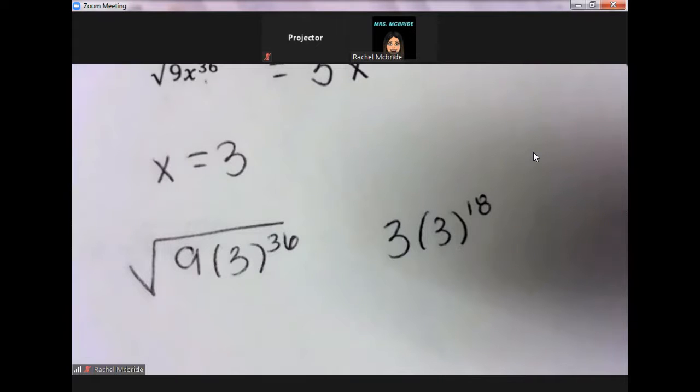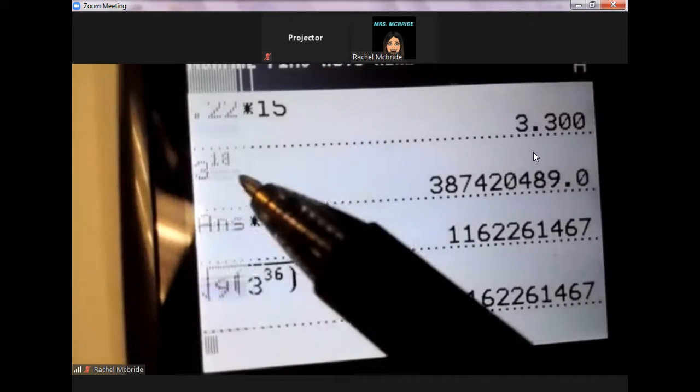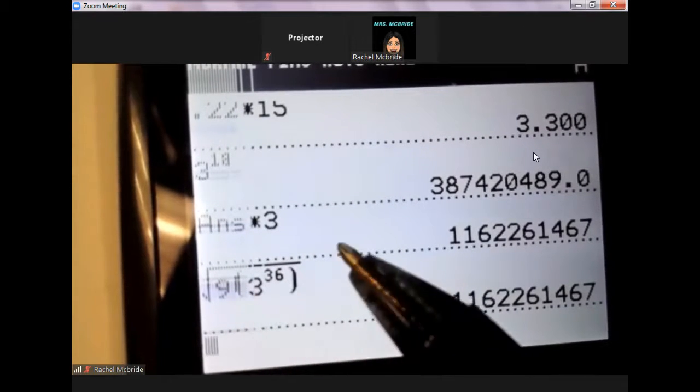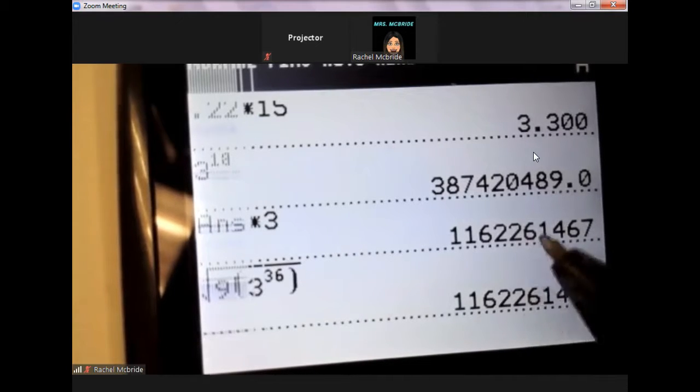It's 1,162,261,467. And again, you could type that in and do 9 times 3 to the 36th power, and you should get the same value, which we can see that we do. So 3 to the 18 times 3, the square root of 9, is 3 to the 36. Same answer.